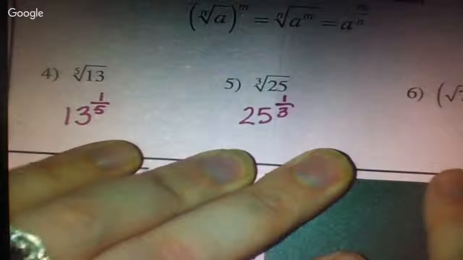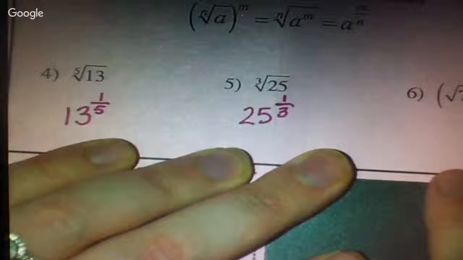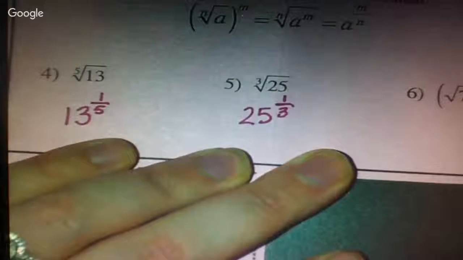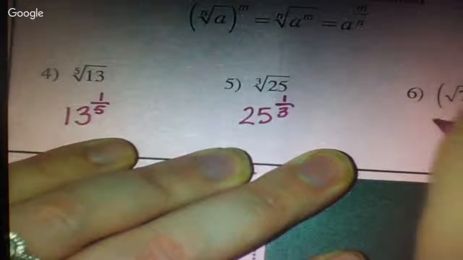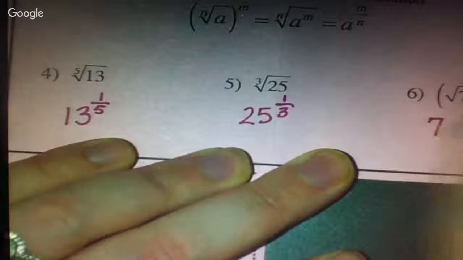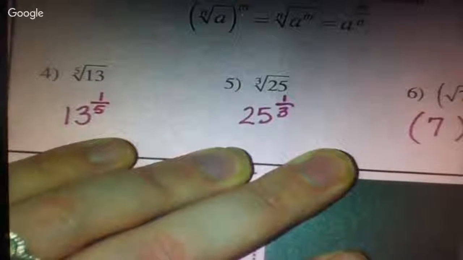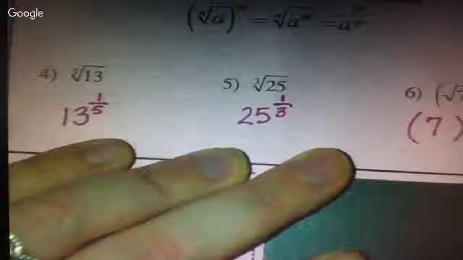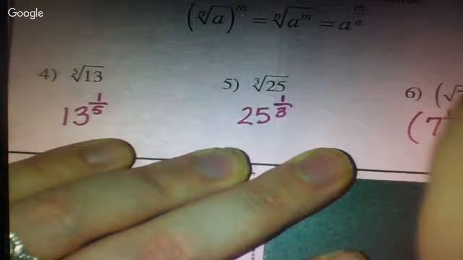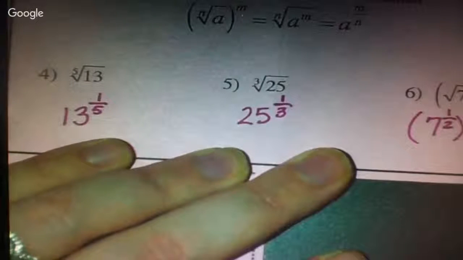Square root is 7. Okay. So hold on. This is 7. What's my exponent? 1 over 2. Hold on. We're not finished. It's not completely finished yet.